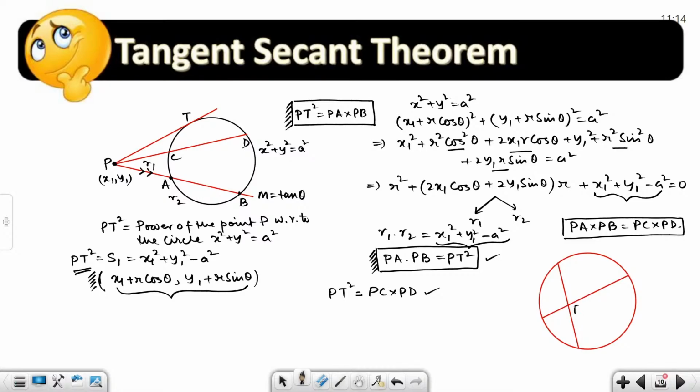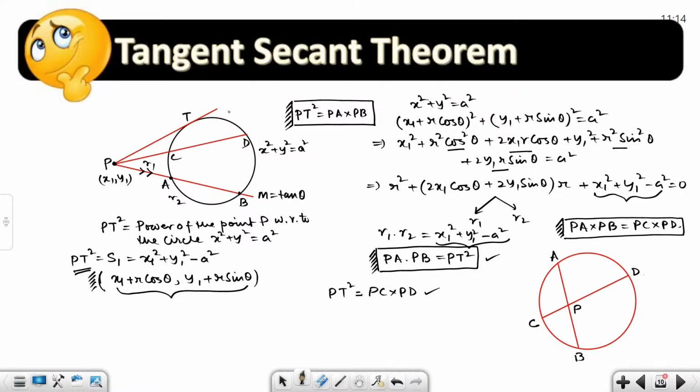Let us say this point be P, and this is my AB, and this is another chord CD. Now, is this relation true for this one also? My answer is yes.